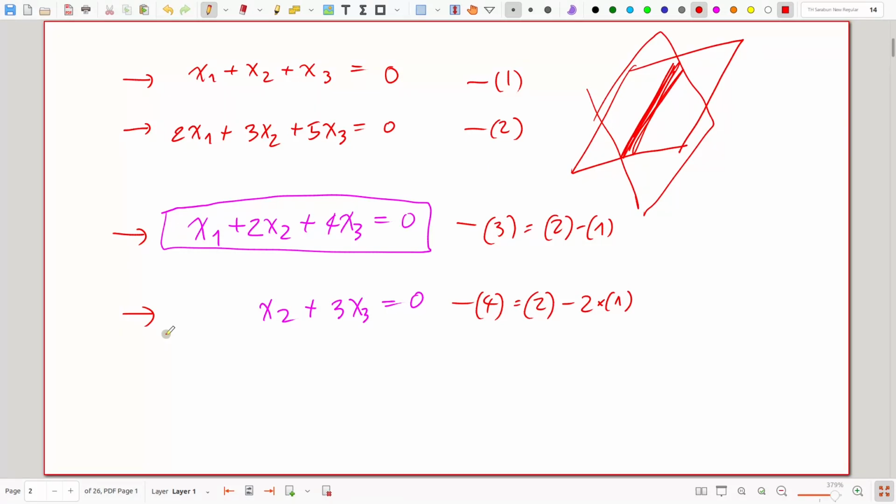Because we really want to get only the necessary thing, the essence of the vector space that we are looking at. We don't want useless vectors. So they can be removed, right?